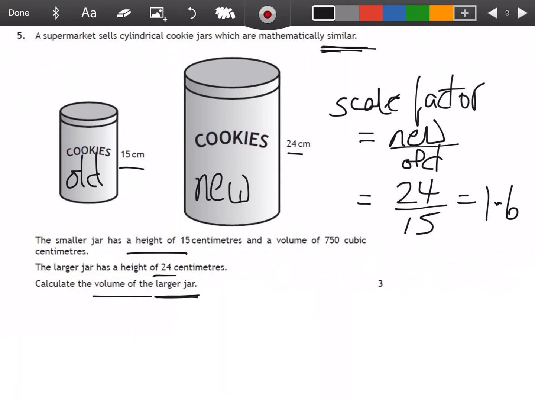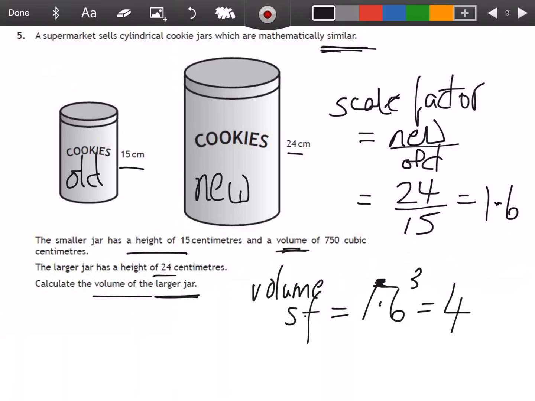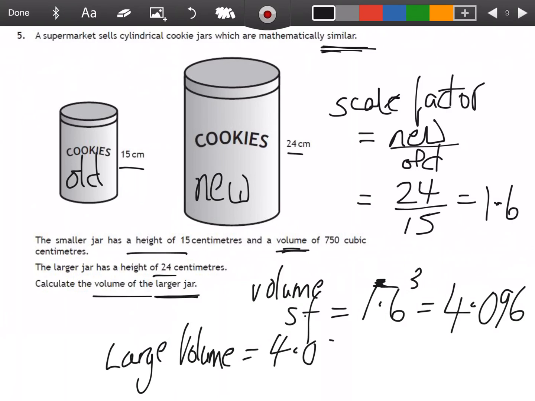Now because it's 1.6 times bigger in height, it doesn't mean it's only 1.6 times in terms of volume. This is a volume scale factor question. So to get the volume, you need to cube that scale factor. This volume scale factor is 1.6 cubed. That's a 3 marks, that wee bit there. 1.6 cubed is 4.096. So to get the large volume, it's the small volume times 4.096.